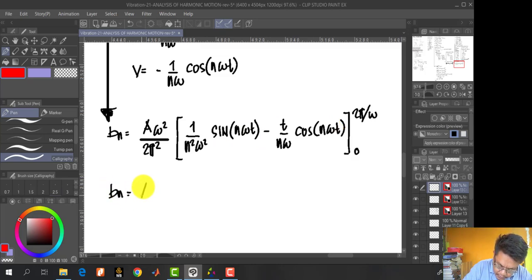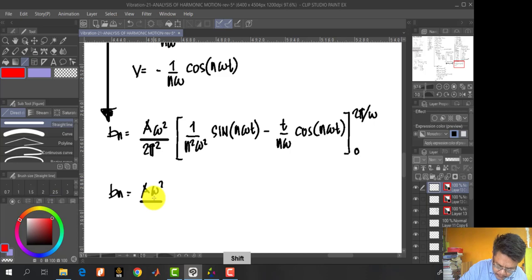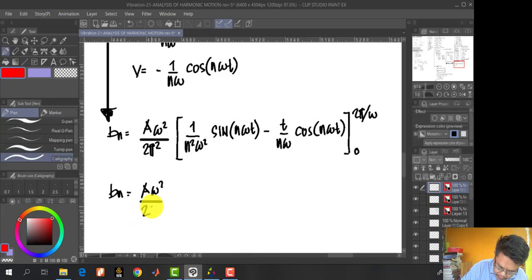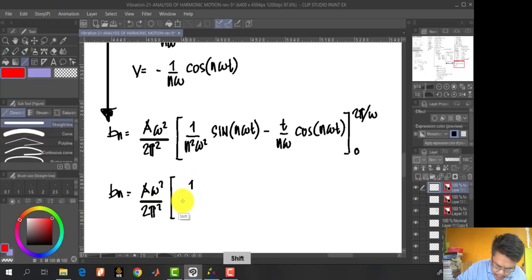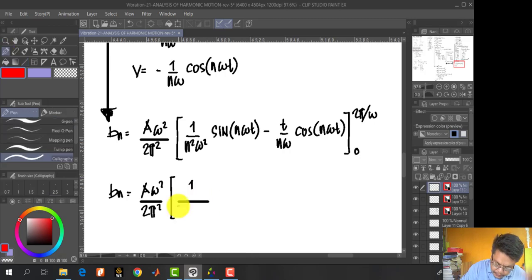So that will be equal to a angular velocity squared, over 2 pi squared. Close bracket, that will be 1 over it. So that will be all over n squared, angular velocity squared.